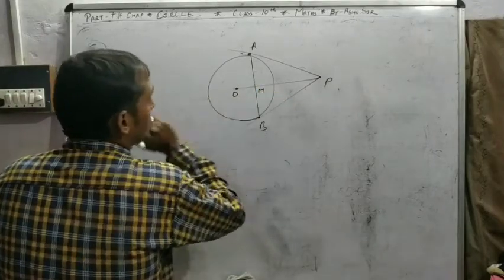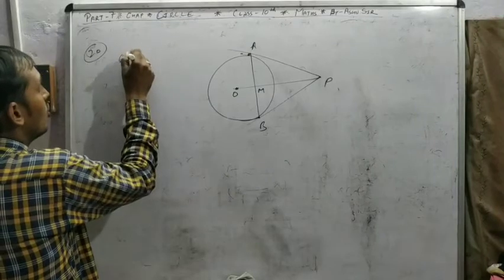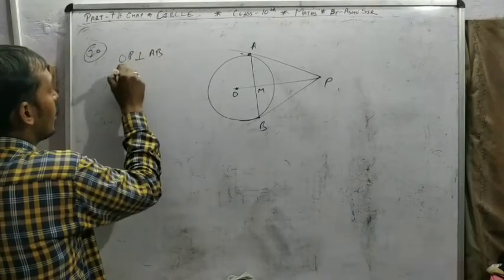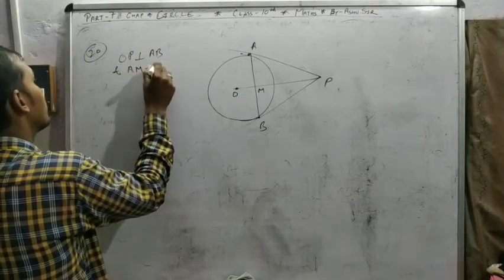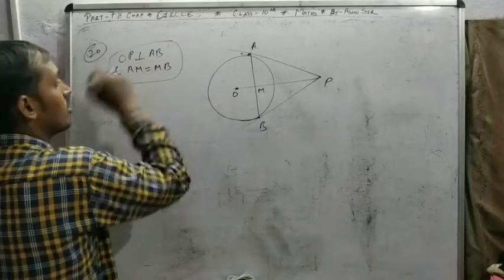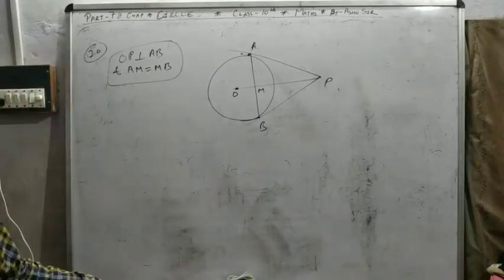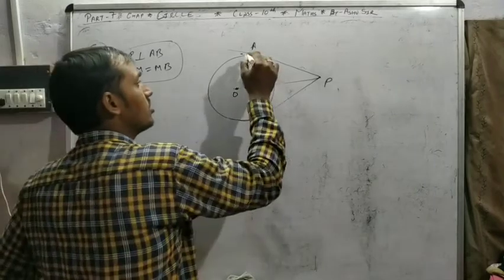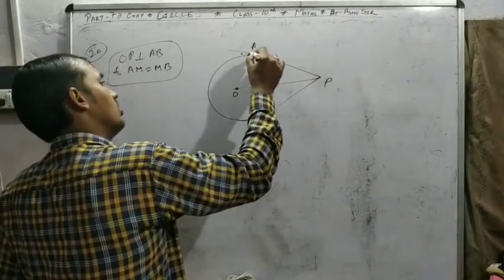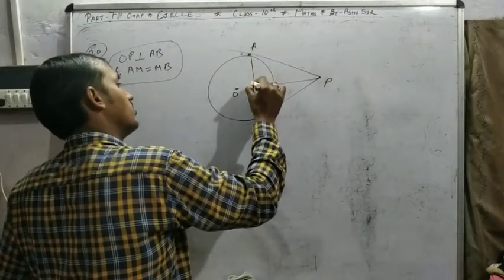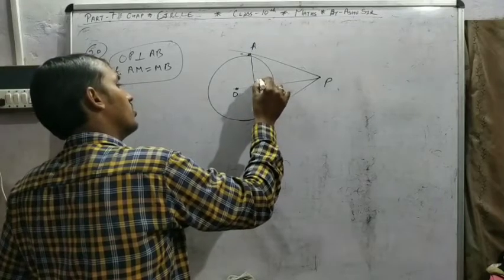Suppose that M means you want to prove that OP is perpendicular on AB and AM is equal to MB. So very easy.